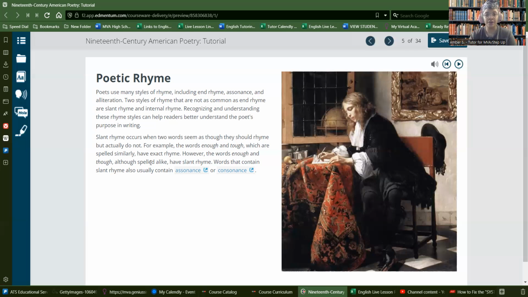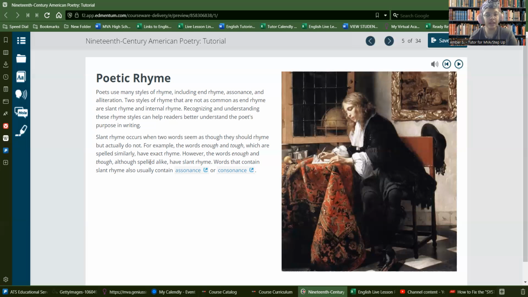There's 100% chance that you're going to get a question on the mastery test about slant rhyme. There is, in fact, a specific question that asks you to basically match the different types of rhyme with different examples. So you're going to need to put this in your notes.